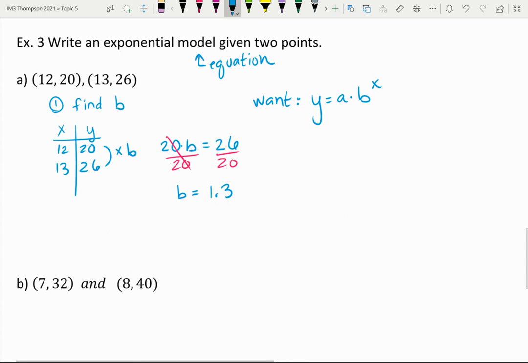My goal is to write an exponential model. Boom, y is equal to a times b to the x. I know b. Awesome. Let's plug that in. When I'm writing an equation, we know that we only want the variables of the input x and the output y. So I still have to find a.